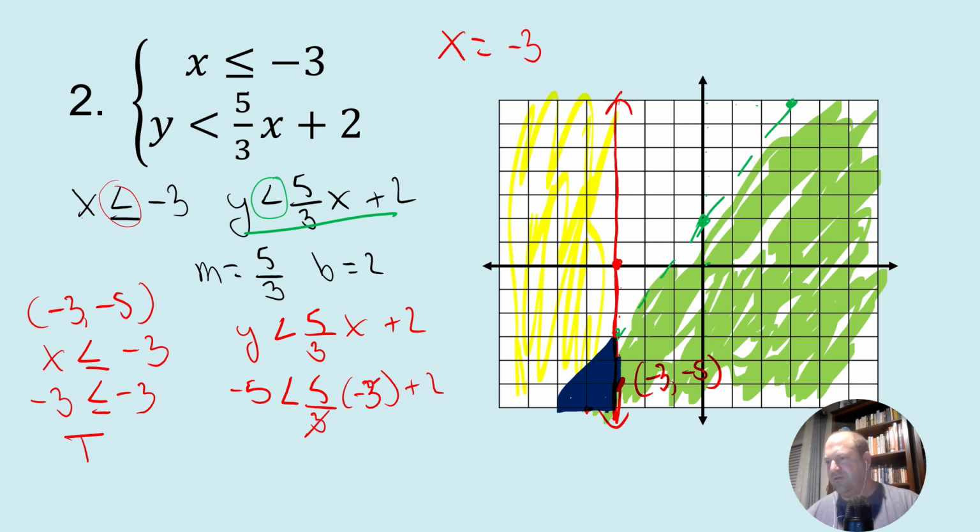The 3s divide out, so we get -5 is less than -5 plus 2, and we get -5 is less than -3, which is another true statement. So our point checks in both of our inequalities.